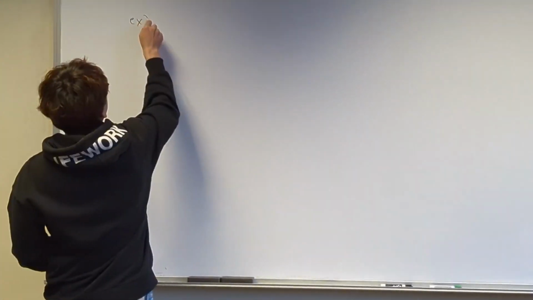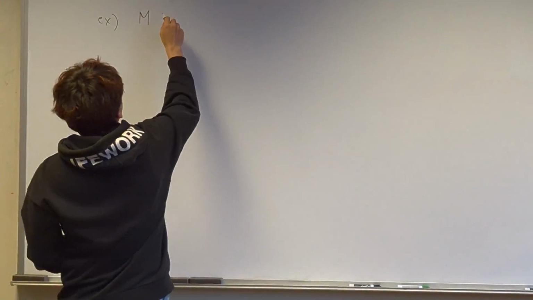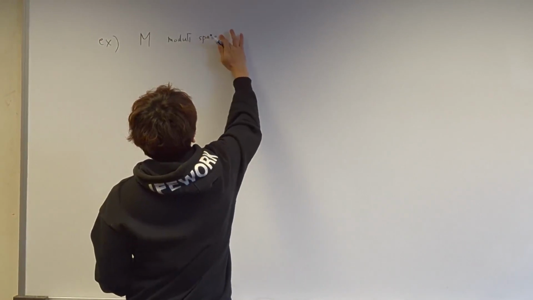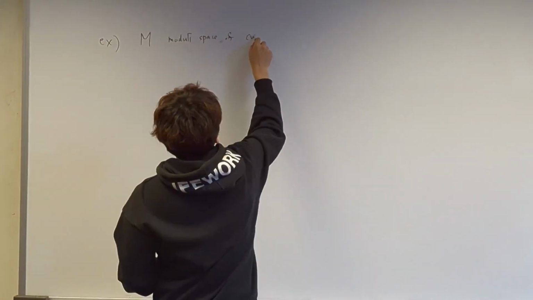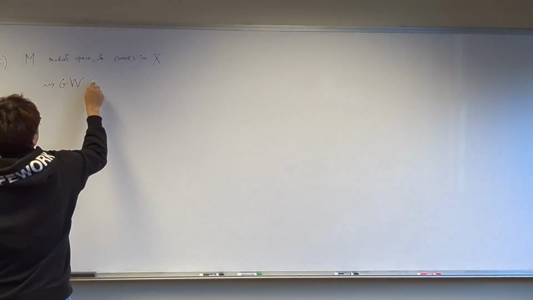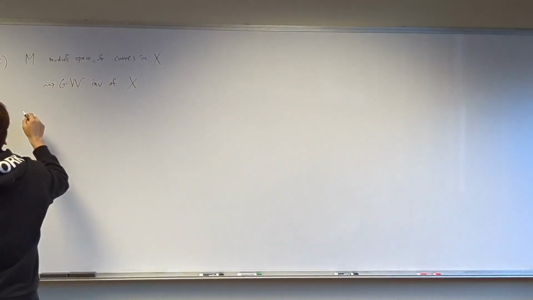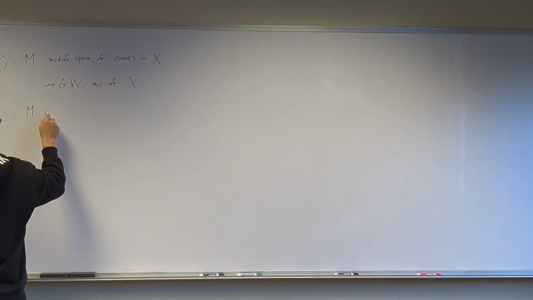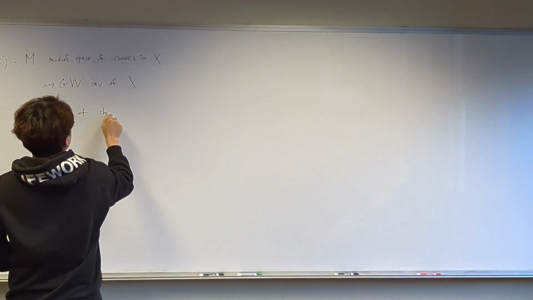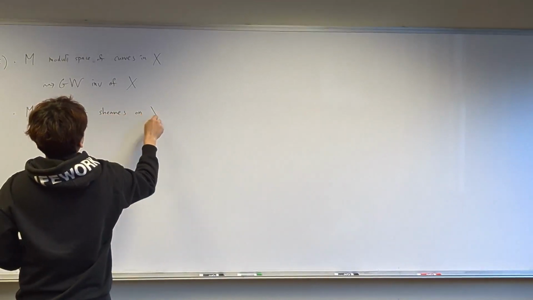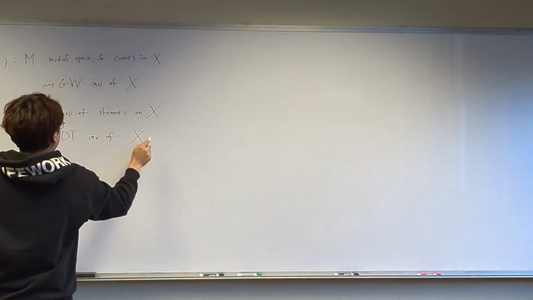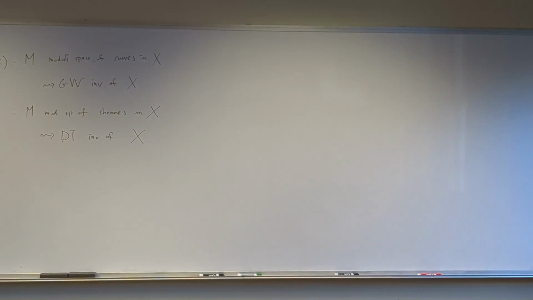For instance, if M is a moduli space of curves in X, that produces an invariant of X, and if M is a moduli space of vector bundles or sheaves, that produces a sheaf-counting invariant. Okay.